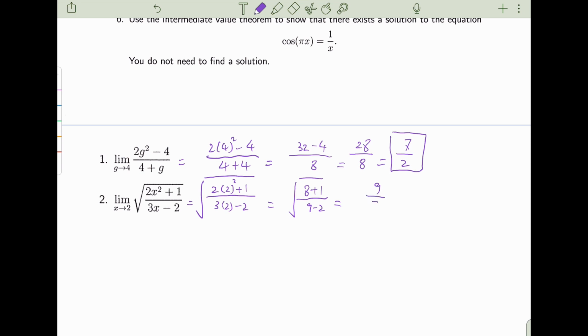In the denominator, 3 times 2 is 6, 6 minus 2 is 4, and the square root of 4 is 2. So the answer is 3 over 2. Question 1 and question 2 are just this straightforward plug-in type.